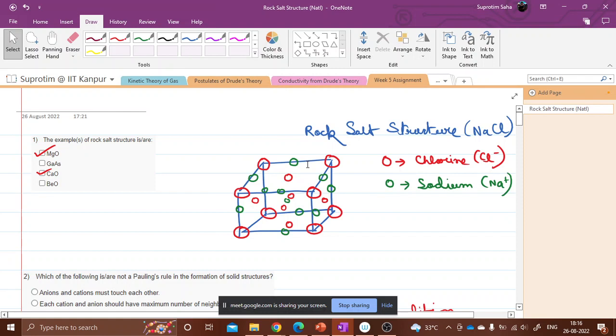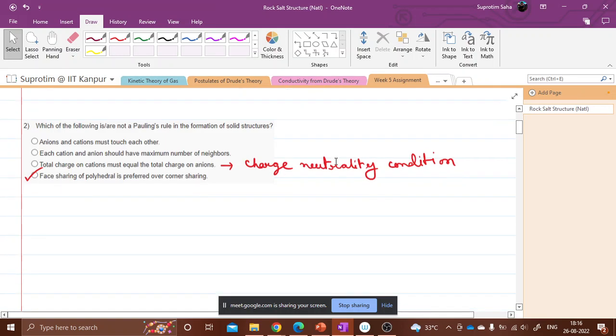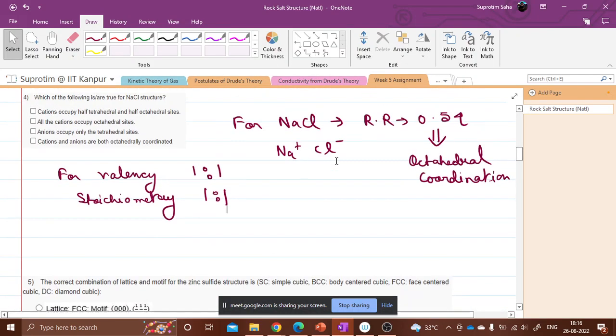And depending on the ratio of valency, the chlorine anion will also be octahedrally coordinated, meaning cations and anions are both octahedrally coordinated, because the valency ratio is 1:1. Just like the sodium cation, the anion, Cl minus, will also be octahedrally coordinated.